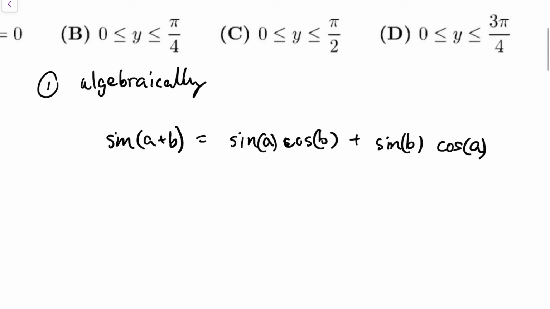In this case, we can just substitute x and y: sine of x plus y equals sine x cosine y plus sine y cosine x.